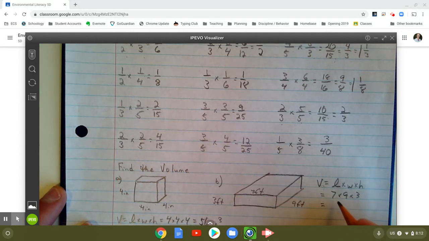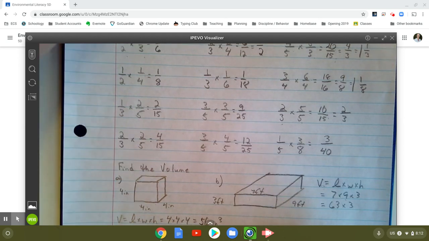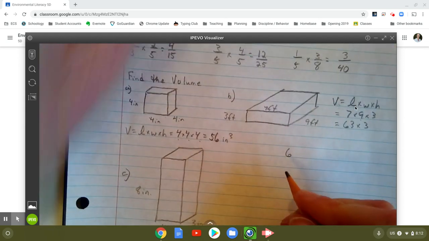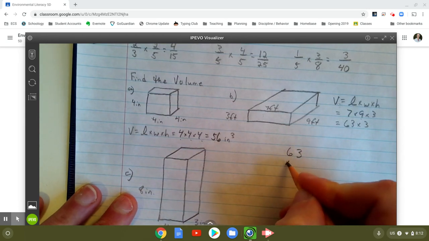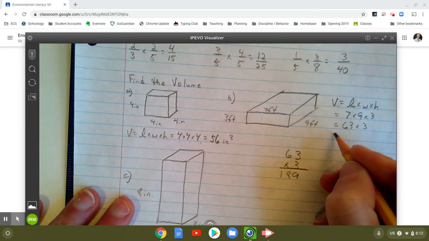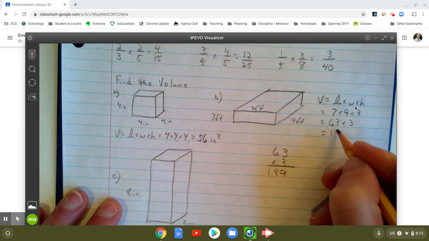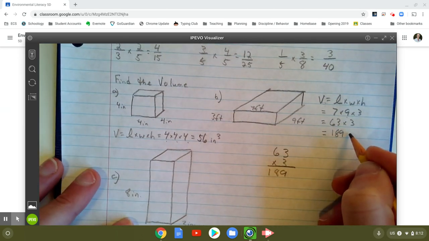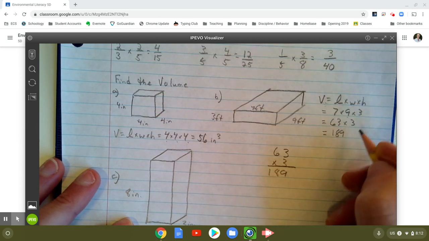That's 7 times 9 is 63. 63 times 3. I'm going to have to do that down here. 63 times 3. 18. Okay, so that is 189 cubic feet.